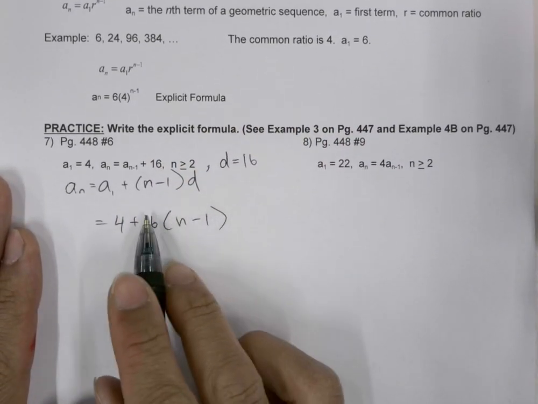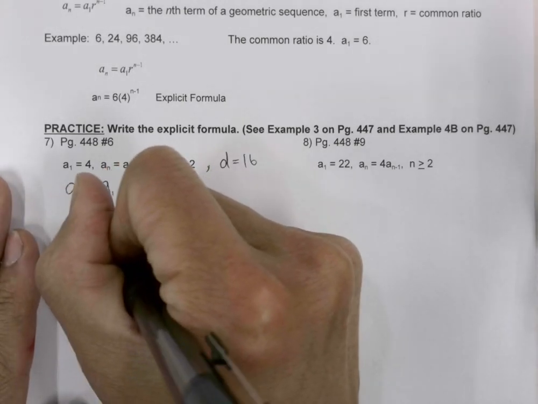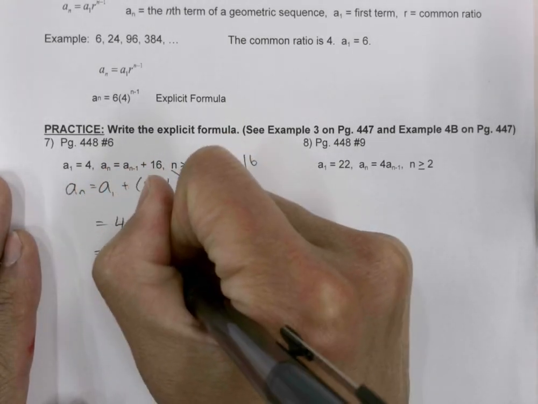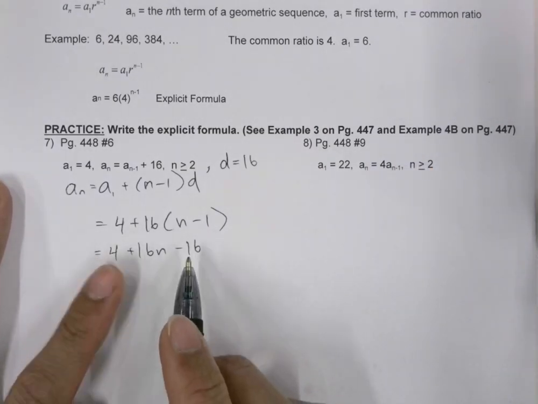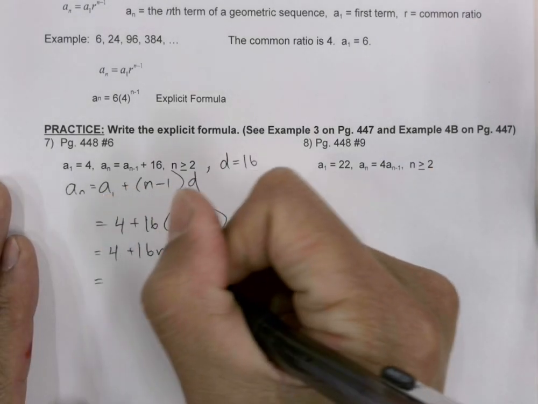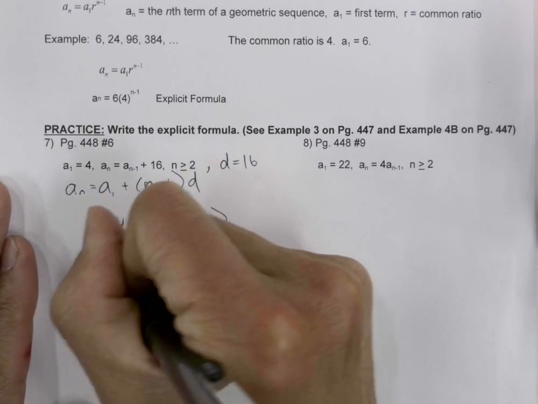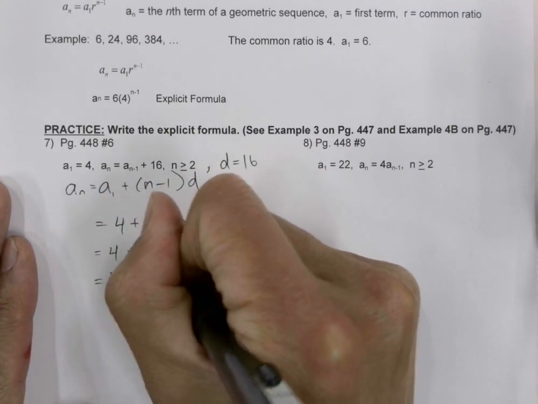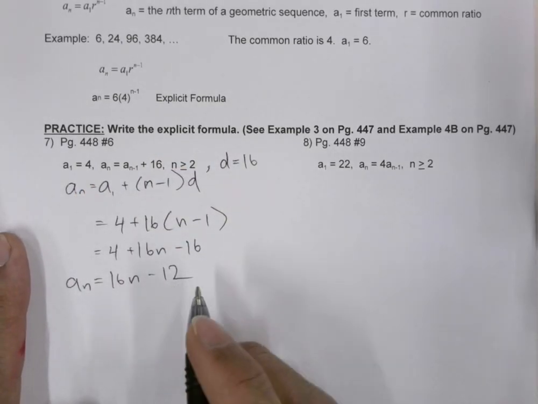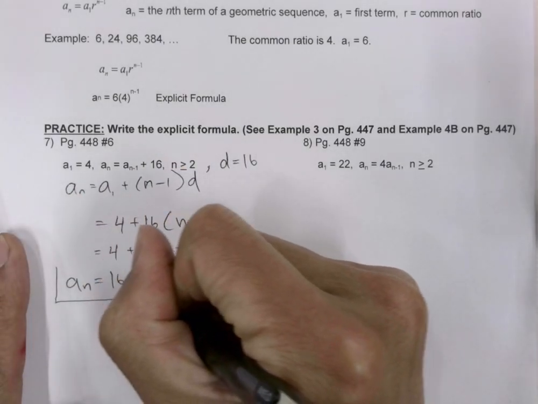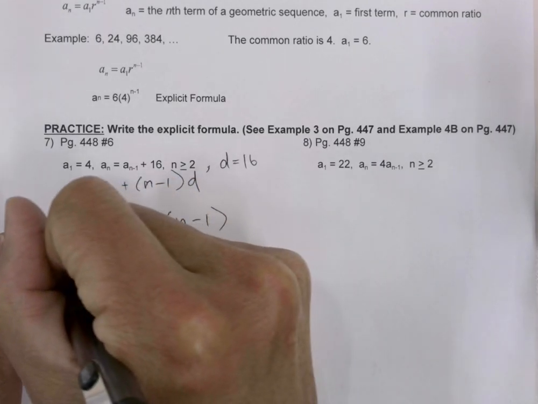I'll distribute out the 16, and I'll be left with 4 plus 16n minus 16. I'm going to combine my like terms here, and I'm going to be left with 16n minus 12. So a sub n is equal to 16n minus 12, and that is my explicit formula for this arithmetic sequence.